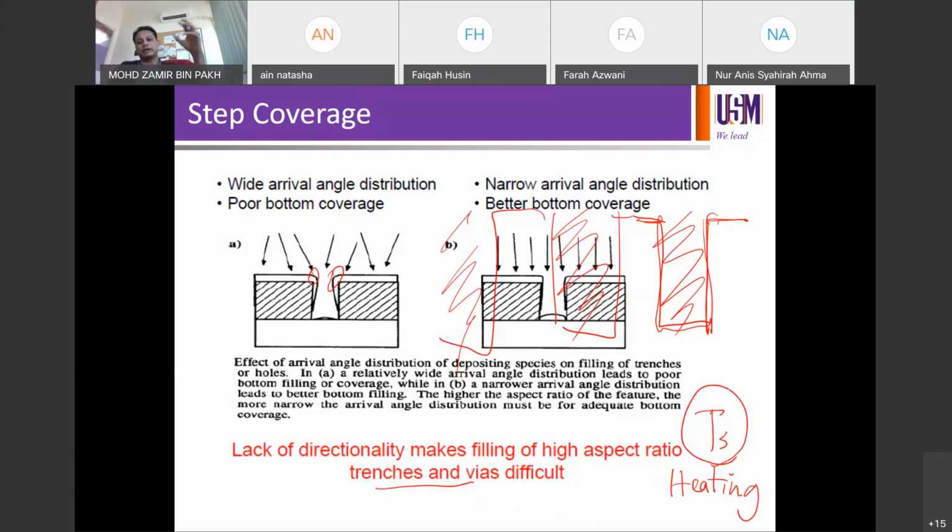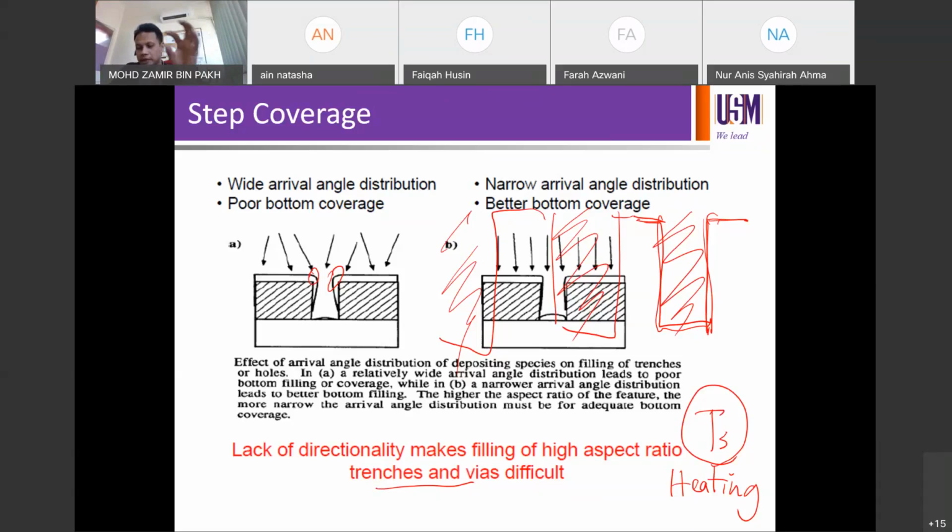If you put some extent of substrate heating, you can actually manipulate the landed atoms so that they can move a little bit to a better position, right? To a better position. So that will actually change the problem that you see here.